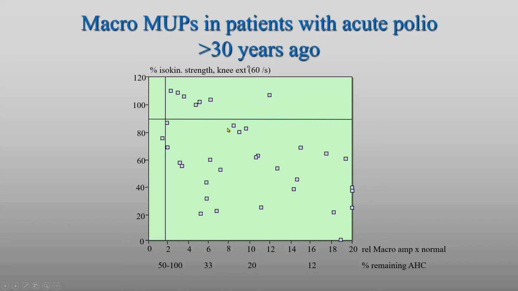But usually when the motor units become bigger and bigger, then the strength will fall down and become smaller and smaller. It's not a perfect correlation, but it is distinctly so. And motor units can become up to 20 times the normal size.